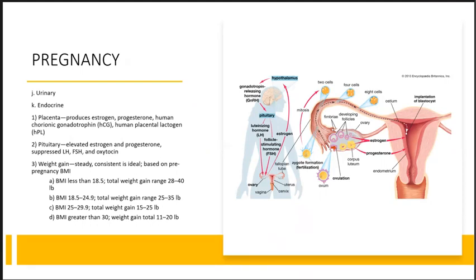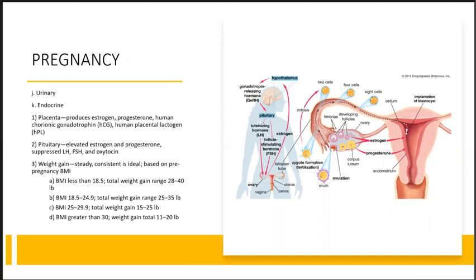Remember, the estrogen helps with maintenance of the female reproductive structures. It also stimulates the growth of the uterine lining. Progesterone also helps to maintain the uterine lining for pregnancy.